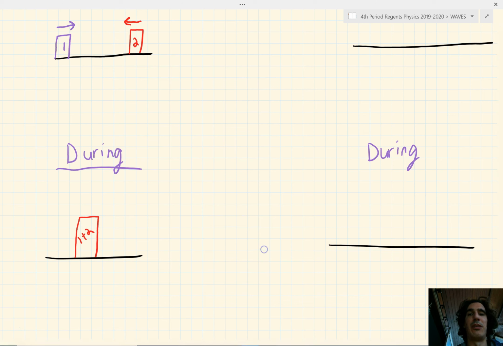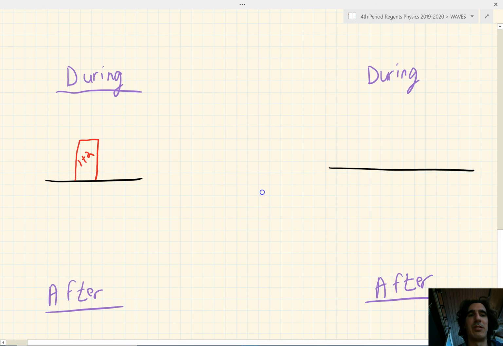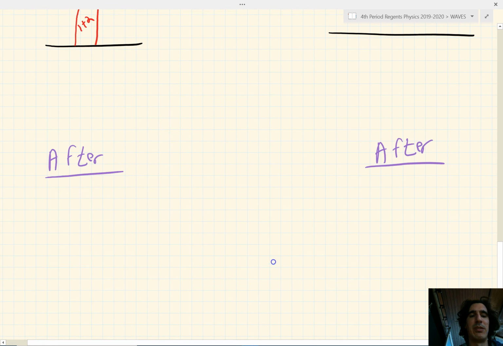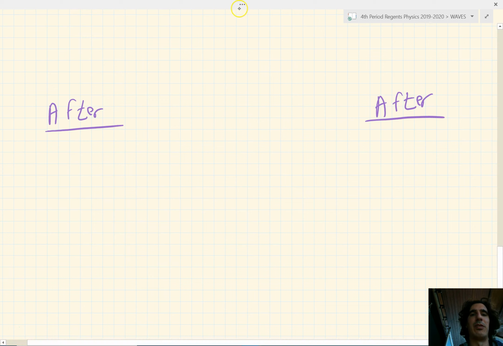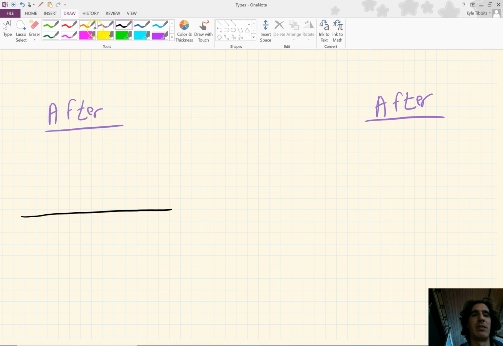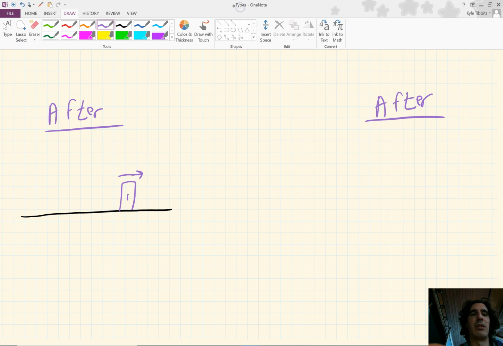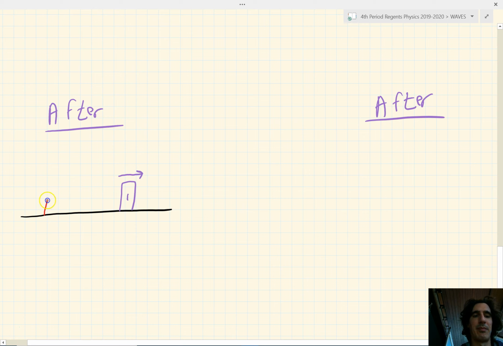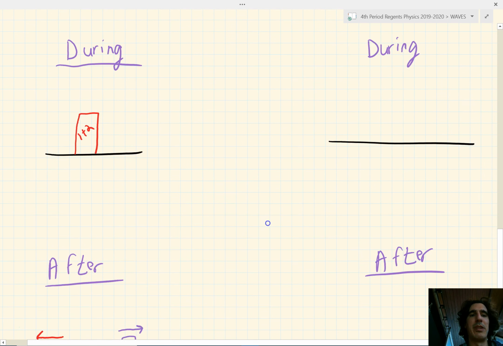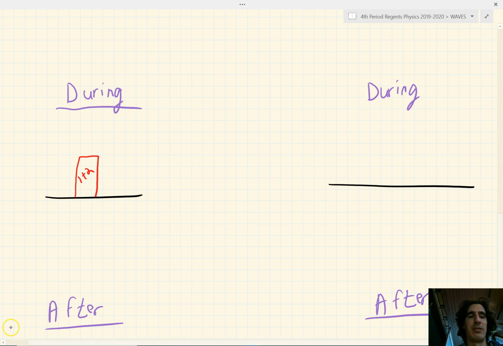As we saw, although it's difficult to see, afterwards they pretend that nothing happened. After they interfere, wave 1 will keep moving to the right until it hits something, and wave 2 will keep on moving to the left. And that's constructive interference, where the amplitude increases.